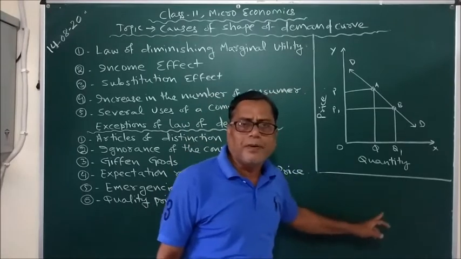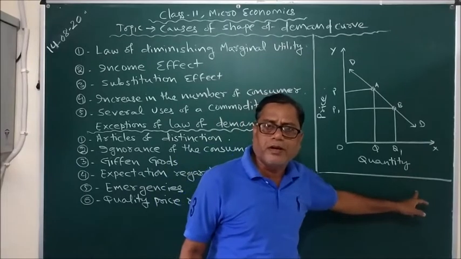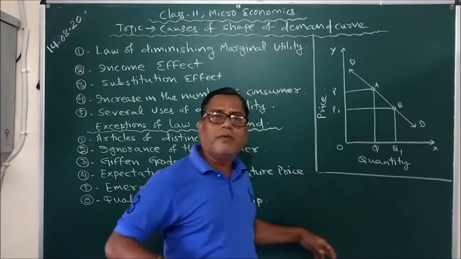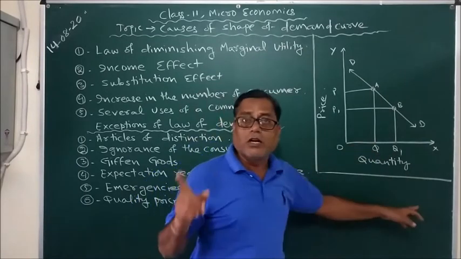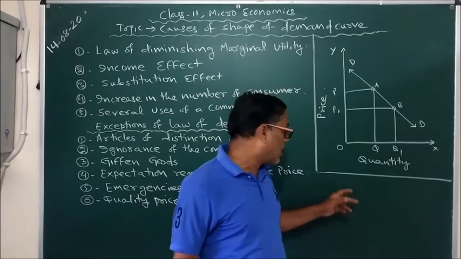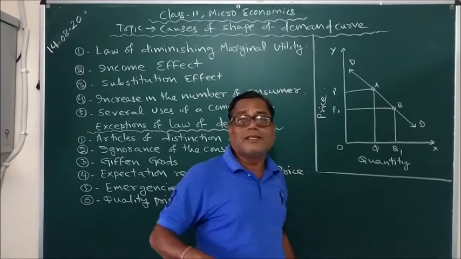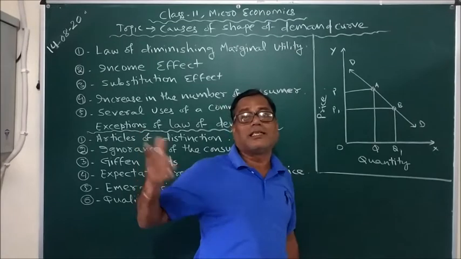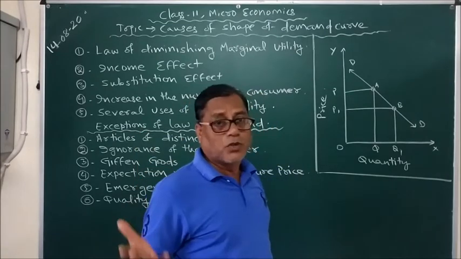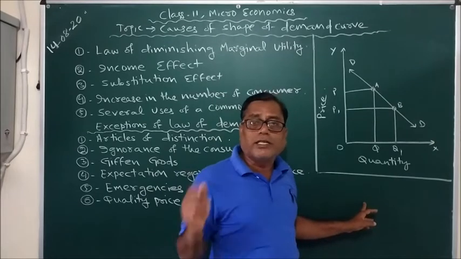So what will happen? Previously the consumer was spending 50 rupees to buy 1 kilo of apple, and now he will be able to buy 1 kilo of apple with only 30 rupees. That means the difference of 50 and 30, that is 20 rupees, is the real increase in his real income. So what will the consumer do with that extra 20 rupees?